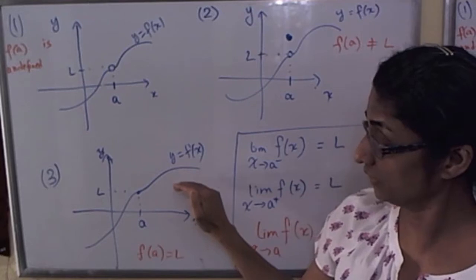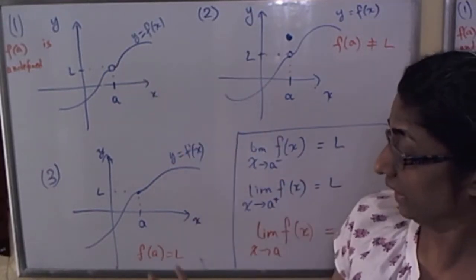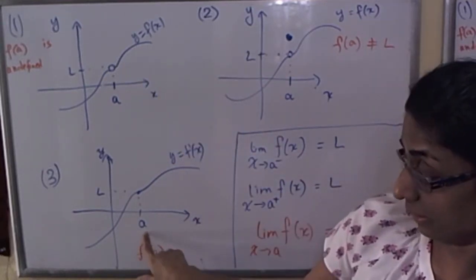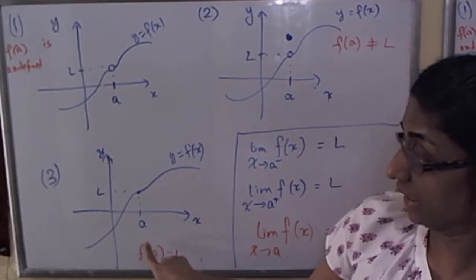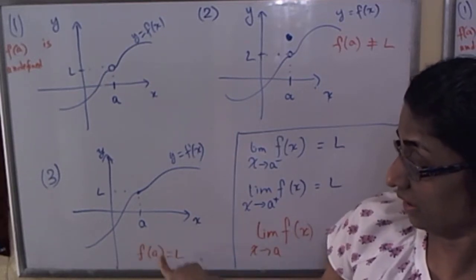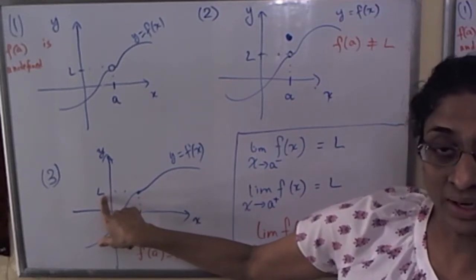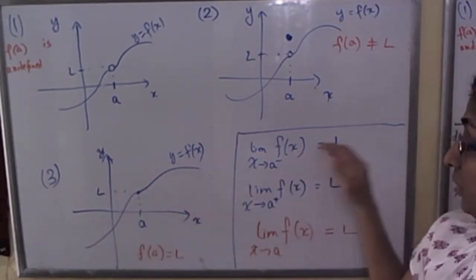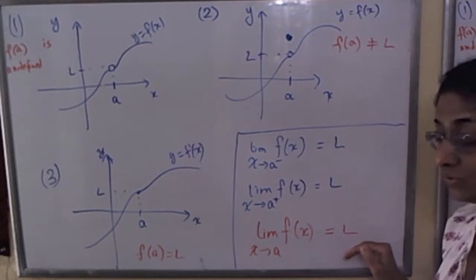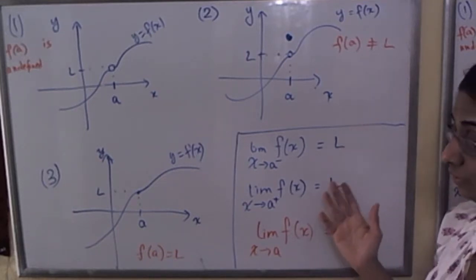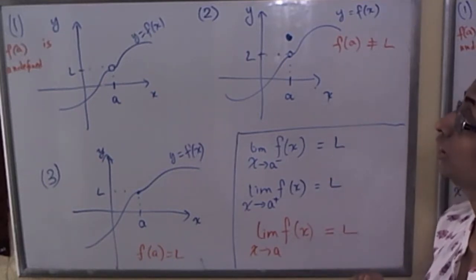And for this graph, this is very similar to these, except this time f of A is defined, and furthermore f of A, I arranged it so that it's exactly equal to the value of L. Even so, all these answers remain the same for the reasons I explained before.